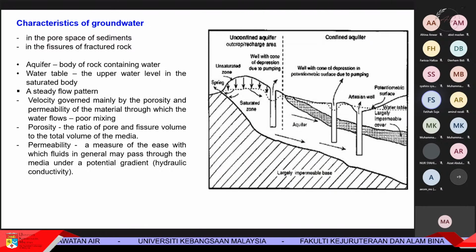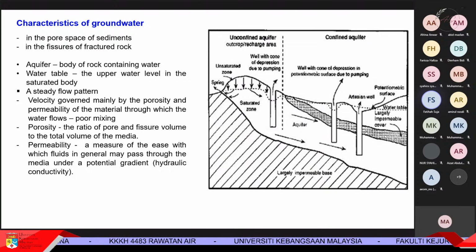But if you take the water source that has been contaminated by pesticides, by microbes, maybe you will get extra marks. Okay. So, characteristics of groundwater.